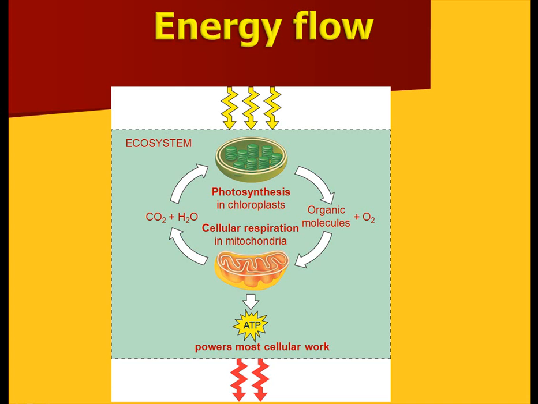Those organic molecules are then used for cellular respiration. Cellular respiration requires the oxygen as well as those organic molecules to produce ATP. Once this production of ATP is over, the end products, once again, are carbon dioxide and water, and the cycle continues.